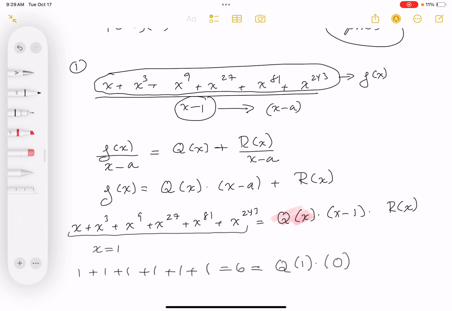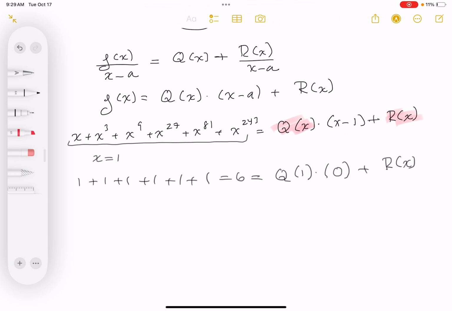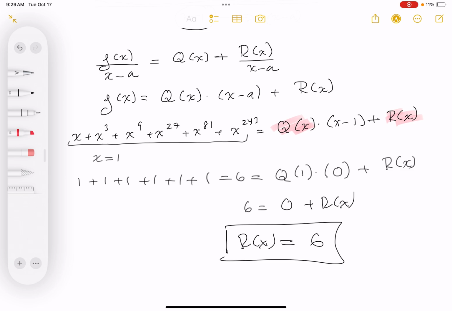Sorry about that, it's plus r of x. I don't know what that is either. Let's see. Oh, I think I do know what that is now. 6 is equal to 0 plus r of x. What's r of x? It's actually equal to a constant, 6. And we're done. Thank you.